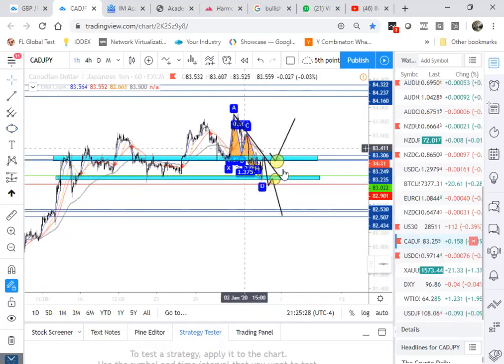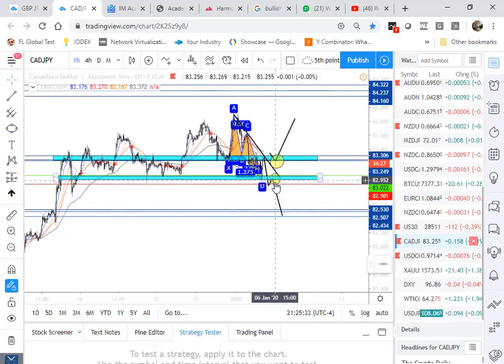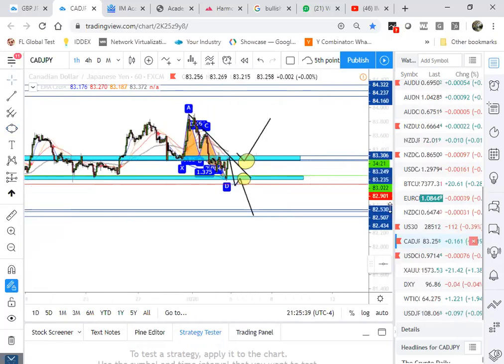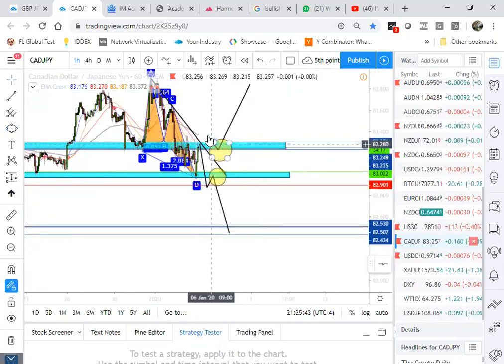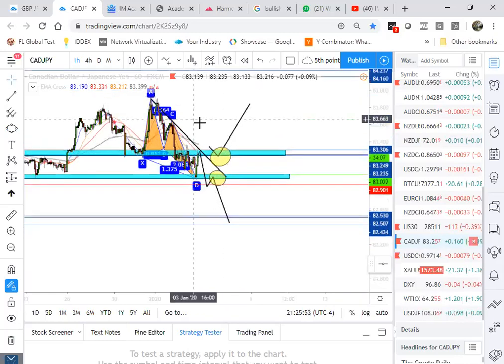Because at this point, the harmonic has failed, right? So then the sell is the high probability situation here, right? In this case, if it goes above this zone and it breaks this resistance zone and then it comes back down and finds support, then we're looking for the buy, right?